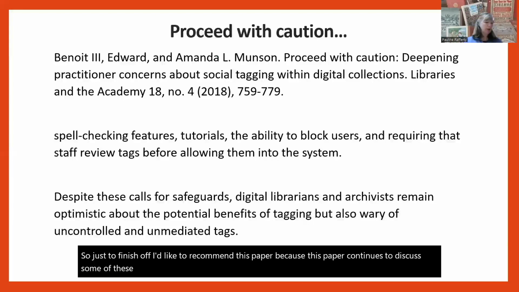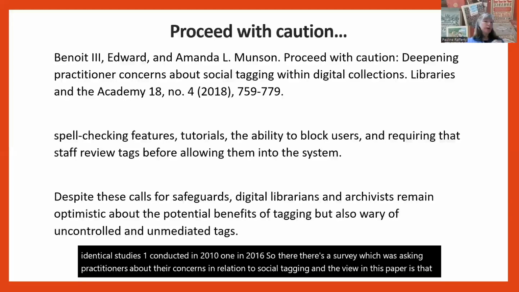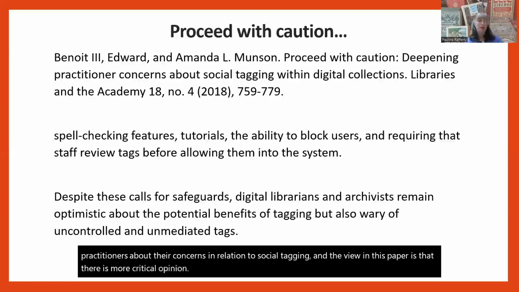Proceed with caution. So this paper compares the findings of two nearly identical studies, one conducted in 2010, one in 2016. So there's a survey which was asking practitioners about their concerns in relation to social tagging. And the view in this paper is that there is more critical opinion about tagging in the recent survey.